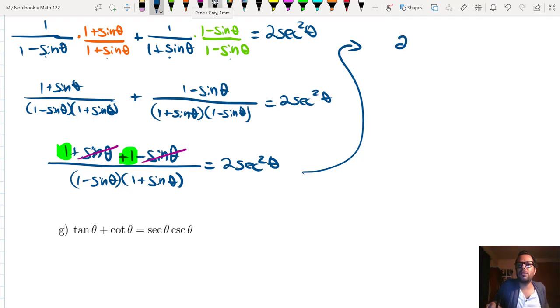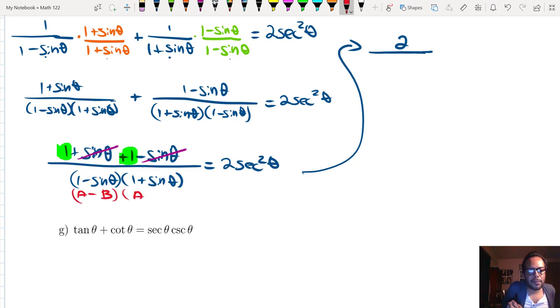This will be 2 divided by, okay, I'm going to do another change as well. Do you see this form again? A minus b times a plus b. This is the same as the factor form of the difference of squares, right?